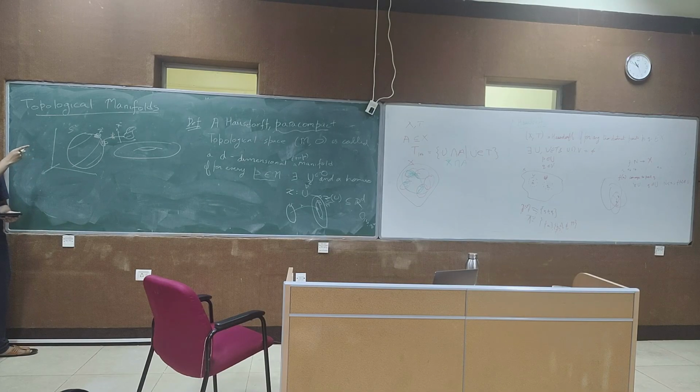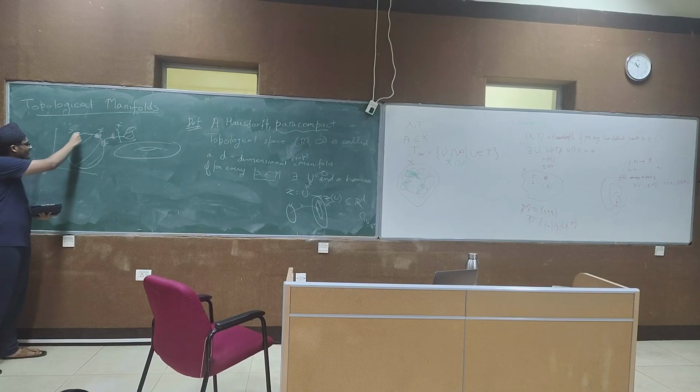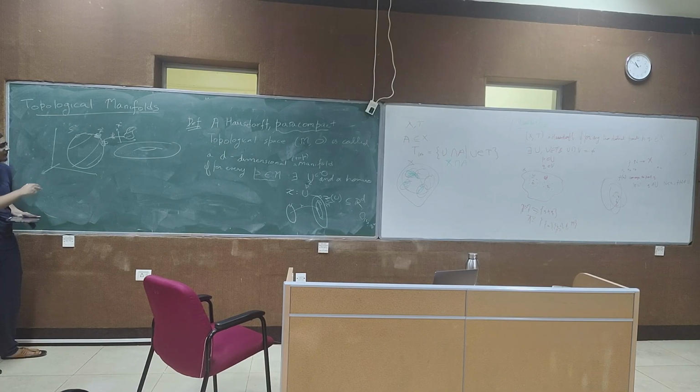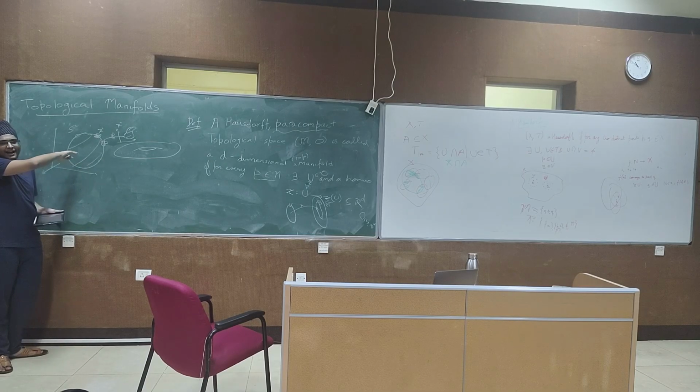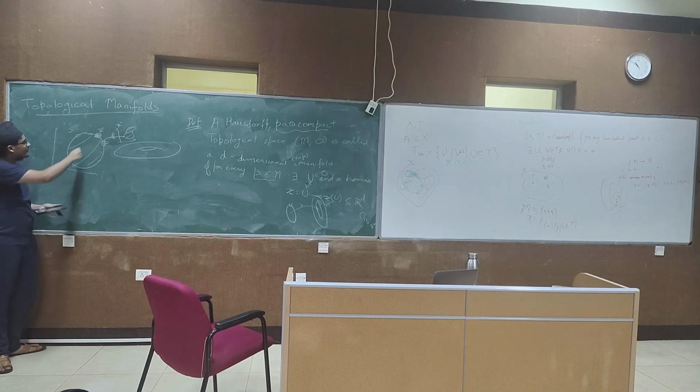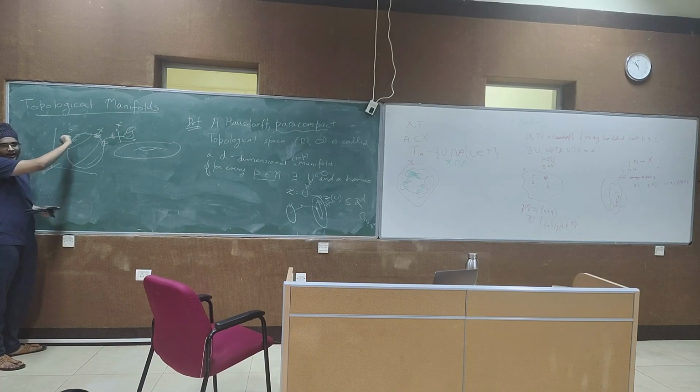I told you about subset topology. So when I'm saying that S2 acts like a topological manifold, I am saying that S2 is equipped with the topology which it inherited from R3. So all sets containing points near to this point form an open set.